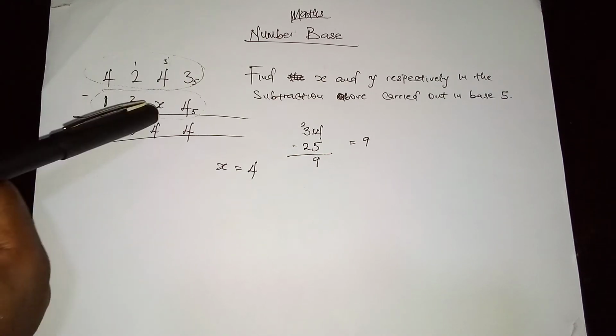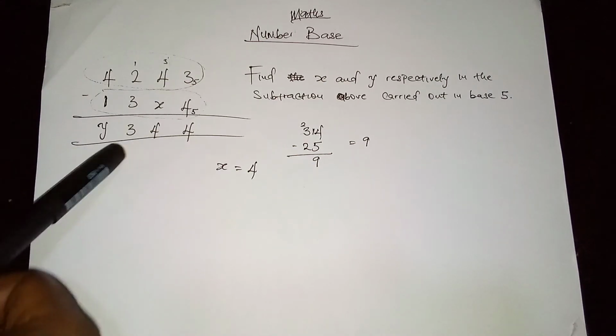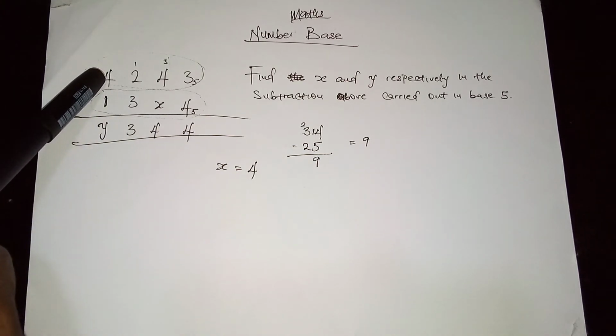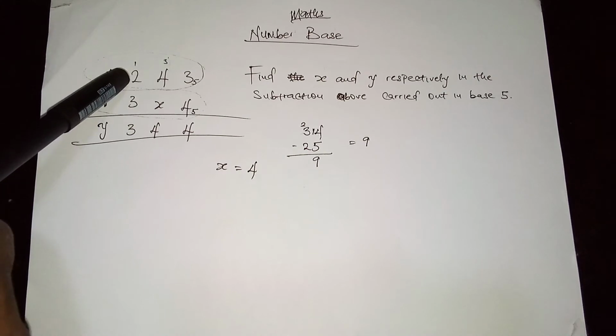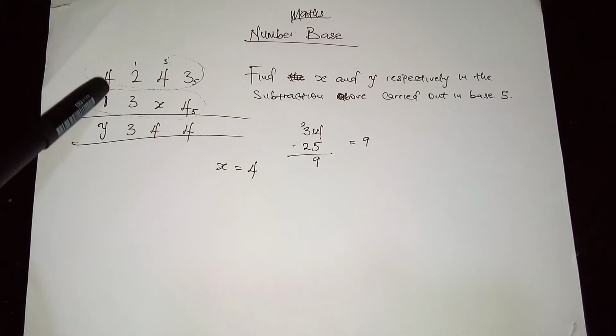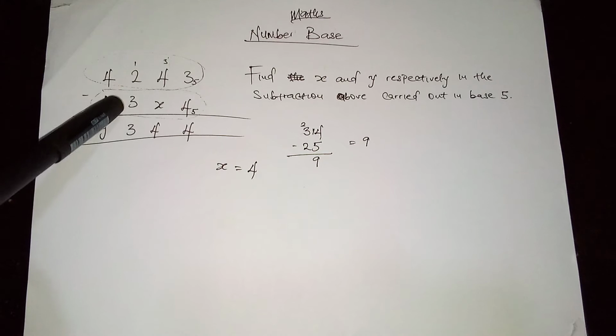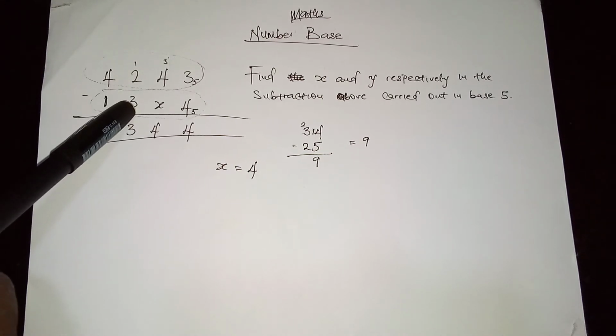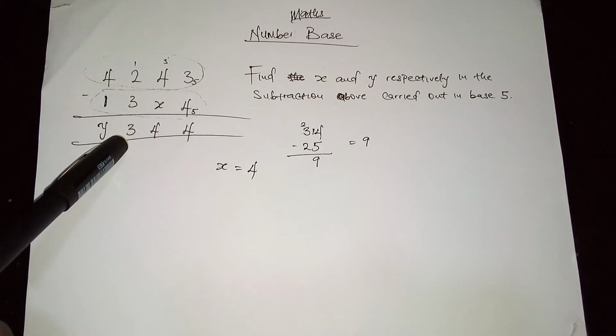If we are working with base 8, when we borrow 1, it will be equal to 8, and if I add this 1 to that 8, I'll have 9. But because we are working with base 5, I will borrow 5, adding to this 1 that we have here, it will make 6, right? So 6 minus 3 will be equal to what? 3.